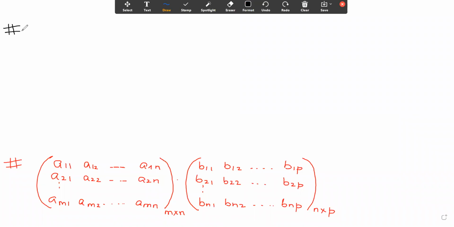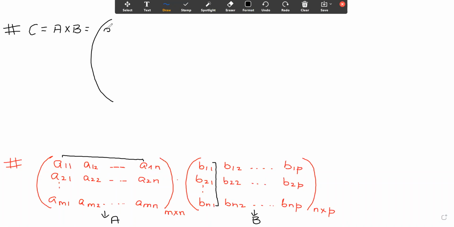So what will I get? This is my matrix A, this is my matrix B, and my matrix C, which is A into B, will be what? First row multiplied by the first column.